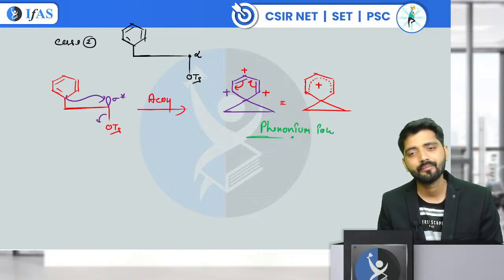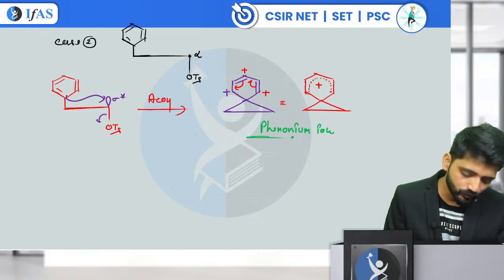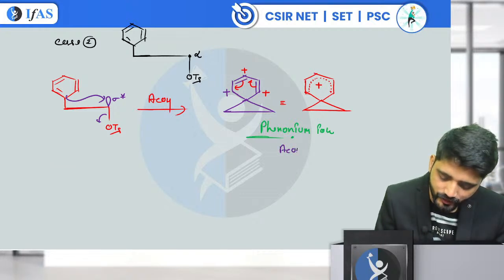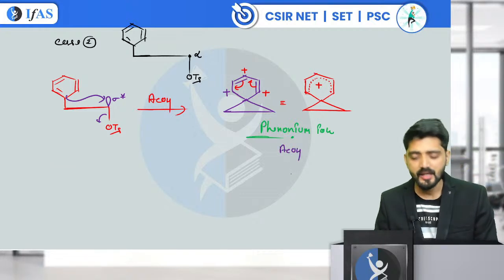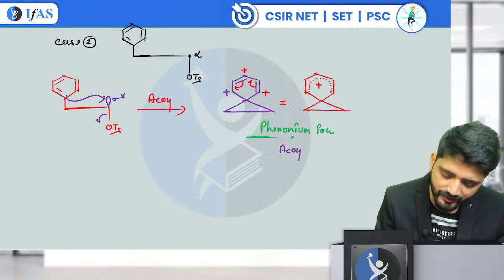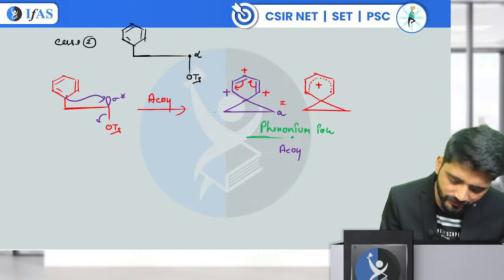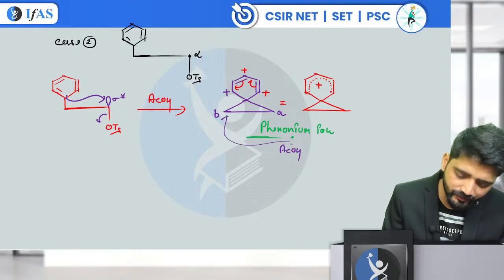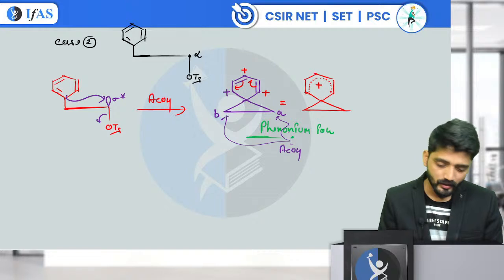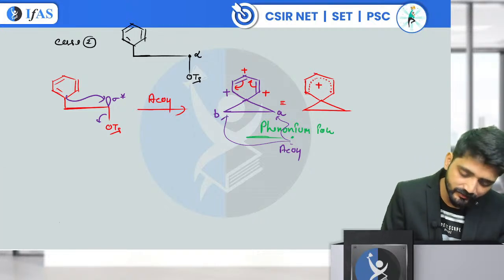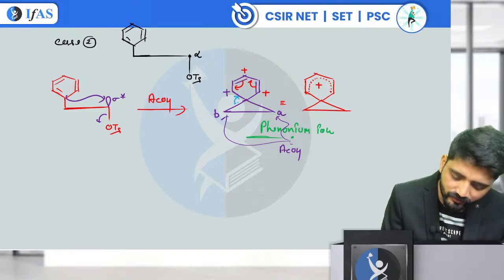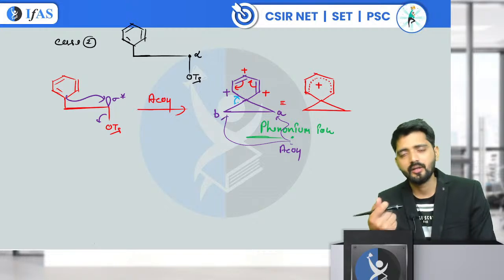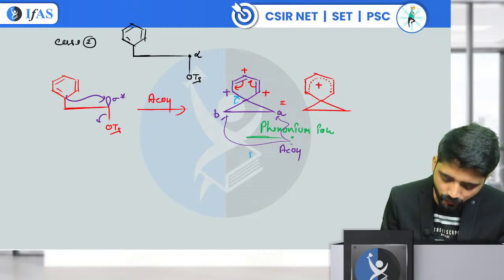Very good. Now, when we have a nucleophile, let's suppose an AcOH nucleophile is present, it can attack at two centers. I'm explaining you via this. Let's suppose this is A and this is B. Attack can take place at the B center and the attack can take place at the A center. Let's suppose if we attack at the B center, the aromaticity of the phenyl ring will be regained and we will get our product.